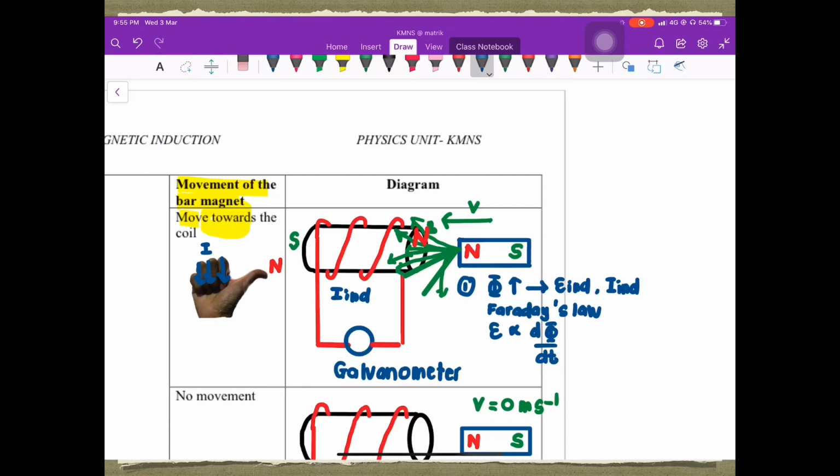Meaning the current produced here follows the fingers. So here is the direction of induced current and the galvanometer.